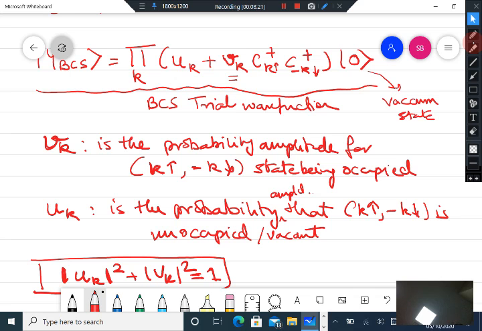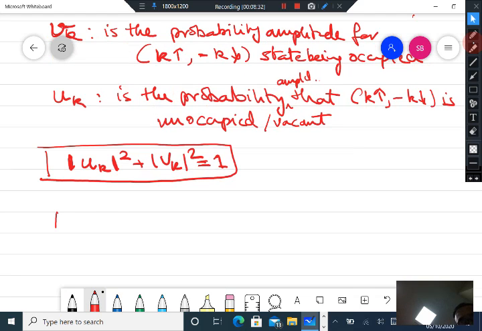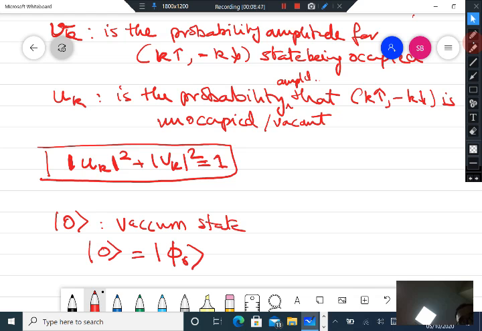completely unoccupied state. All the states are 0. So this is the vacuum state, and sometimes you also write it as phi.